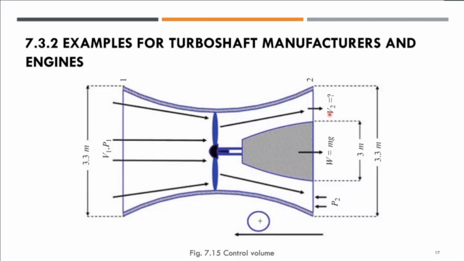We want to find what V2 is over there. This is basically a schematic of the control volume from section 1 to section 2. We want to find the exit velocity V2 over here.